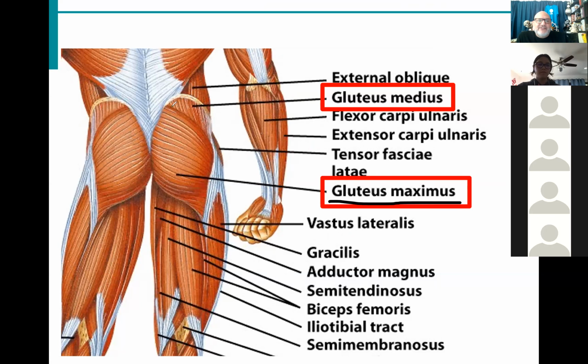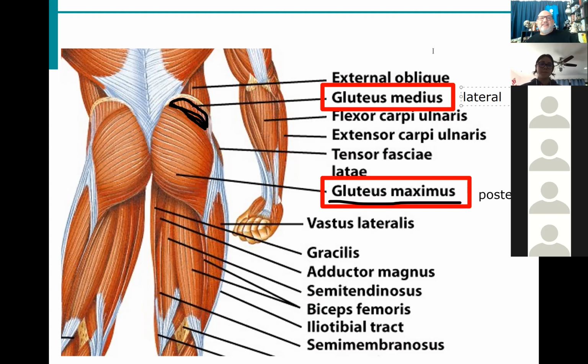Notice it is deeper than the gluteus maximus. It is superior to the gluteus maximus, but there's one other huge difference between the gluteus maximus and the gluteus medius. While the gluteus maximus is posterior, the gluteus medius is actually a lateral muscle.